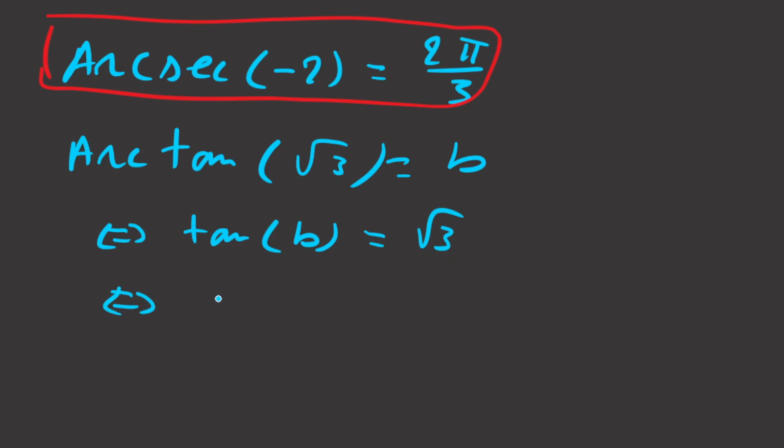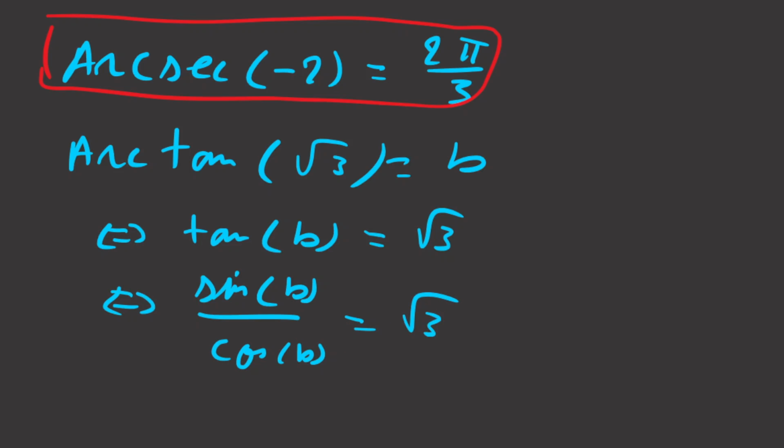It is equivalent to write sine of b over cosine of b is equal to square root of 3. In my opinion, this is a complicated way to solve it if you use equations, algebra methods and applying functions. Personally, I think this is a bad idea.